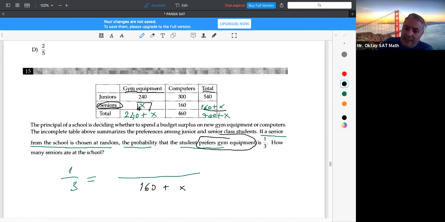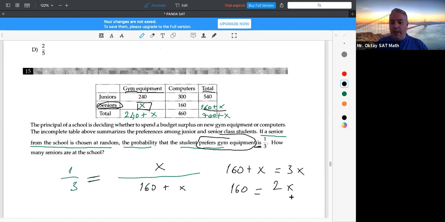It is X. So we say X over 160 plus X equals 1/3. And then how can we find X? Just by making a cross product. 160 plus X, 3X. 160 is equal to 2X. So X is 80.